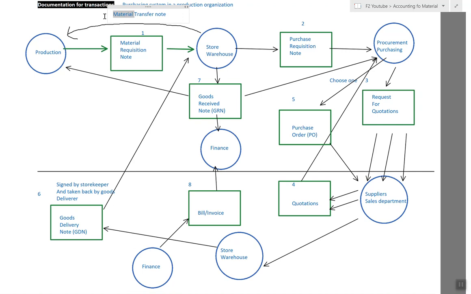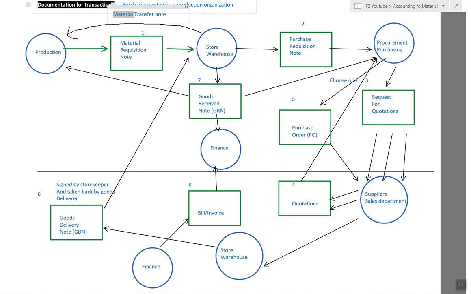But obviously, let's say the store doesn't have material. Now the store only has responsibility for keeping material, handling material. They don't have responsibility or authority to purchase material. In smaller organizations, they might have authority, but as I explained, the bigger the organization, the narrower the duties.